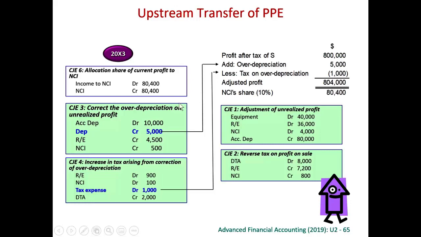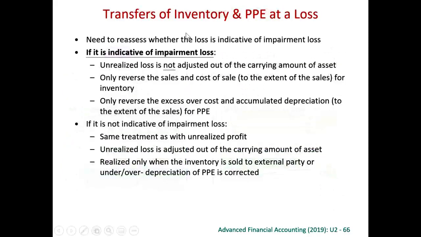The profit goes up because of the adjustments of the over depreciation, because in the financial statement of the subsidiary, we have to adjust for these adjustments. So we debit profit to NCI 80,400 and we credit NCI 80,400. So these adjustments will affect the non-controlling interest. Therefore, when we adjust for the non-controlling interest, remember to adjust all this.